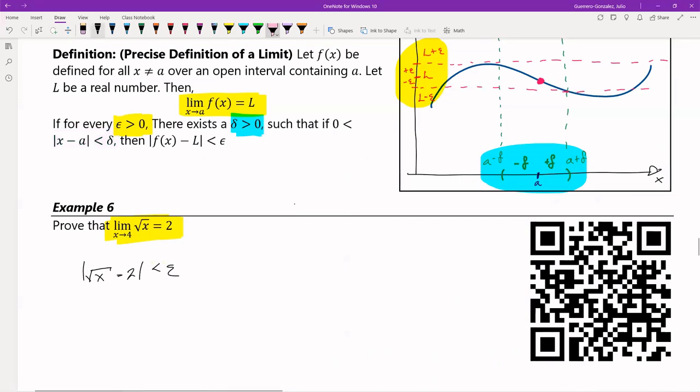So if this is true, let's start with this. If this is true, then we have this: the absolute value of square root of x minus 2 is less than epsilon, and that's got to be bigger than negative epsilon. That's what the absolute value means, right? So plus 2, plus 2, plus 2: minus epsilon plus 2, less than square root of x, less than epsilon plus 2.